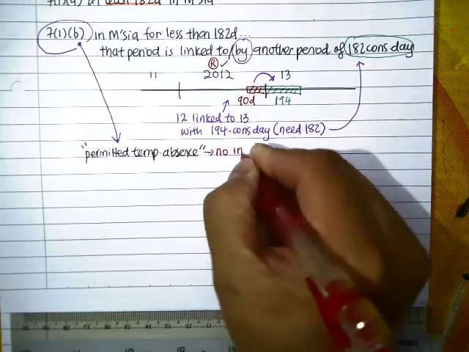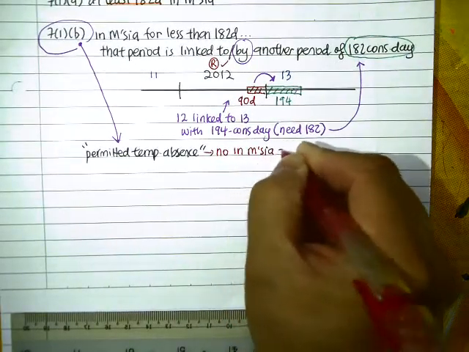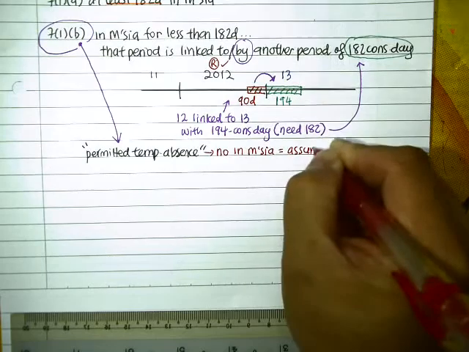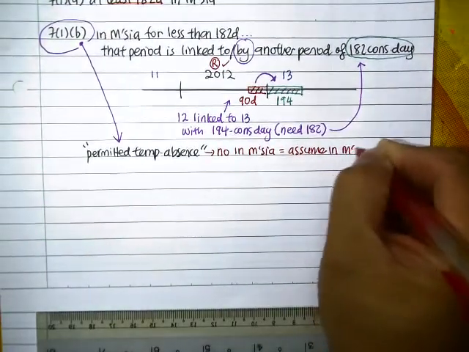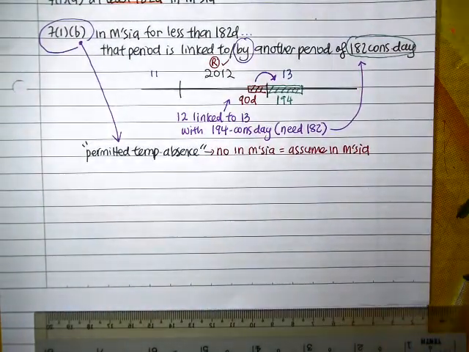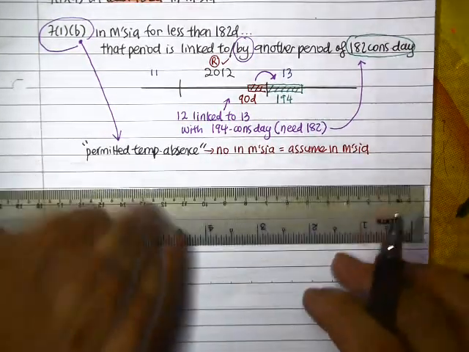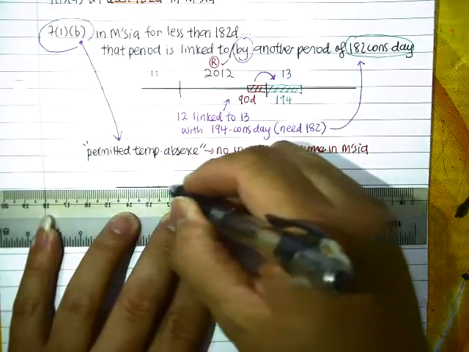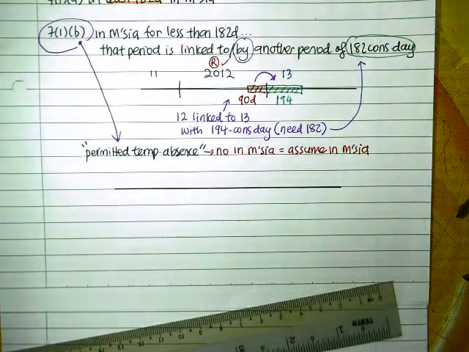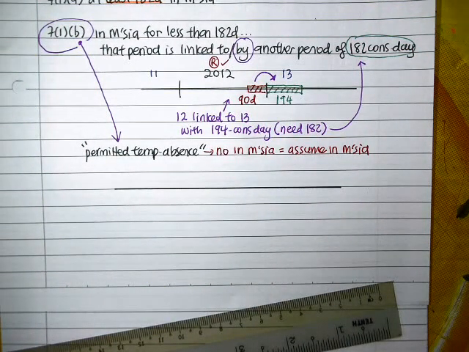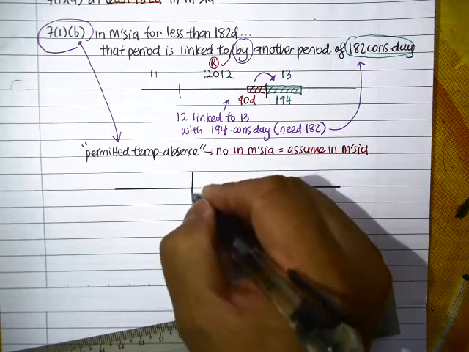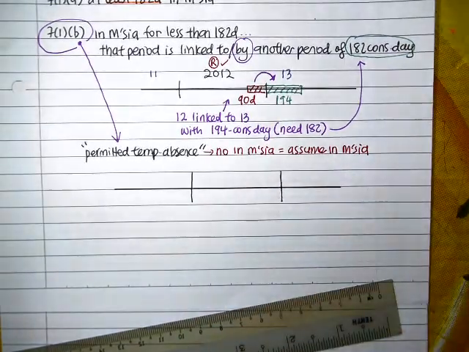Okay. Now the whole idea of permitted temporary absence is what? You're not in Malaysia, but assume that you are in Malaysia. Alright? So that is temporary absence. Now, so if you have temporary absence, then the good news for us is you can use that to form the link.